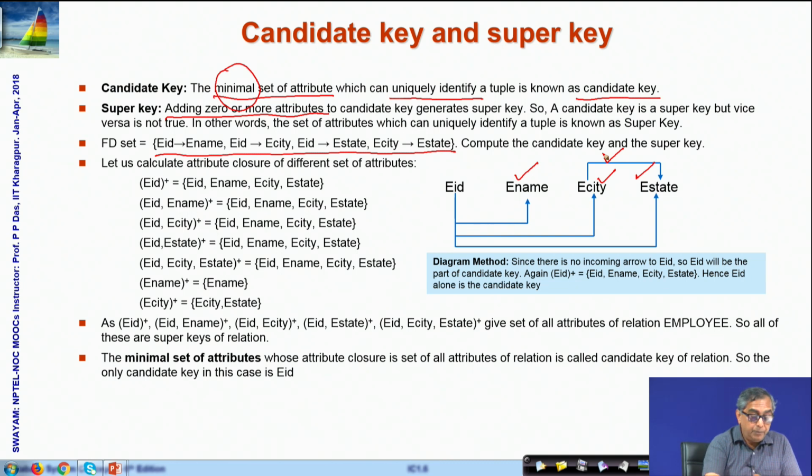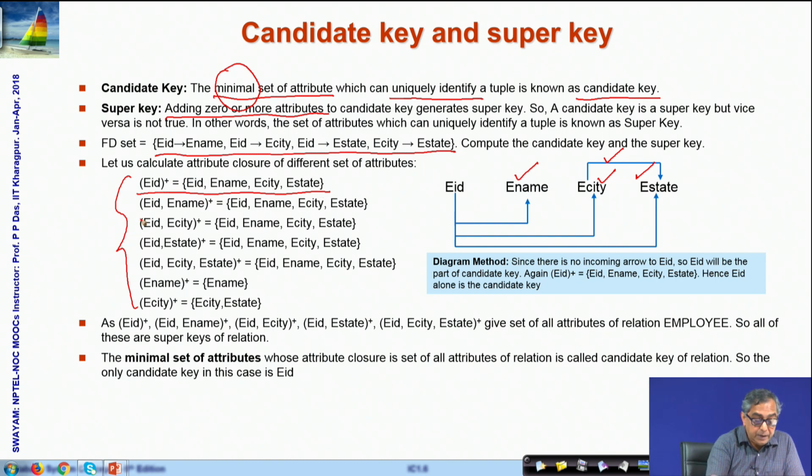So, if we compute the closures for these attributes in different groups, we can find that the closure of EID includes all the attributes in the set. So, EID would be a candidate key for this relation.